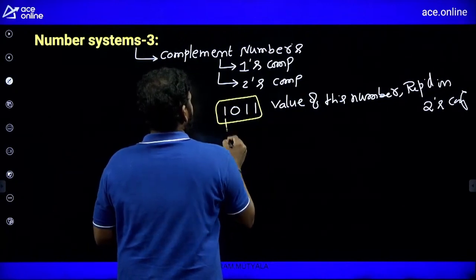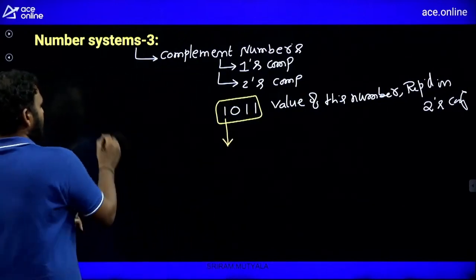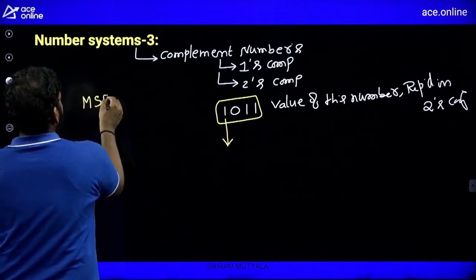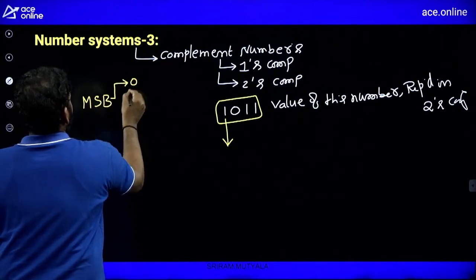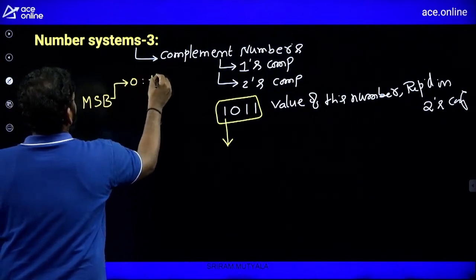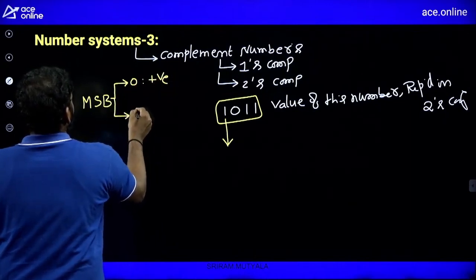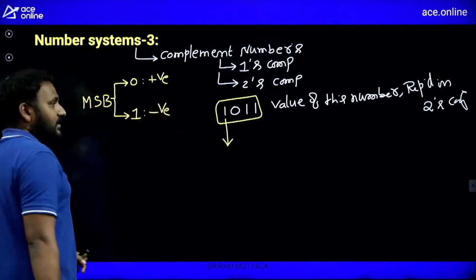You take the MSB. If you find the MSB bit 1, you should recognize that the number is a negative number. If the MSB is 0, you should understand that the number is positive. If you recognize 1 at the MSB, you should understand that the number is a negative number.